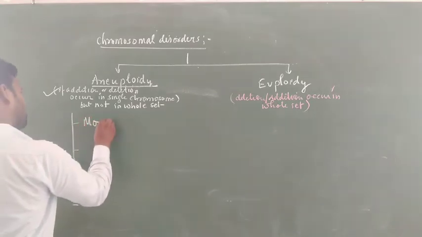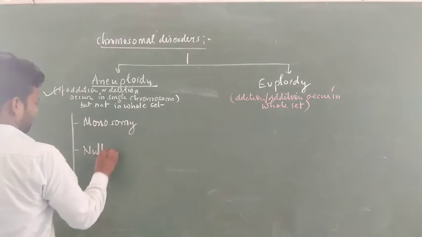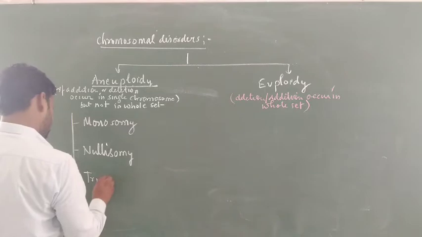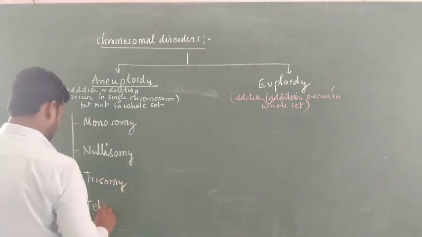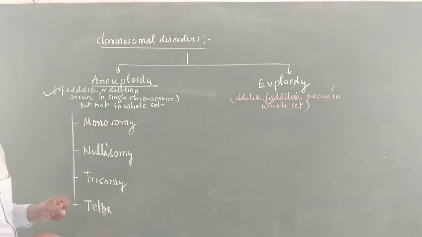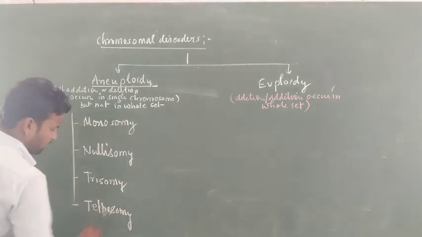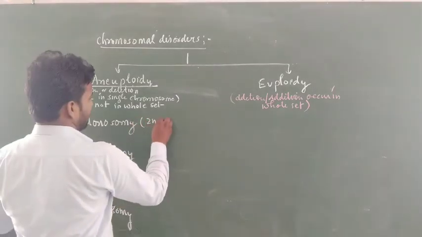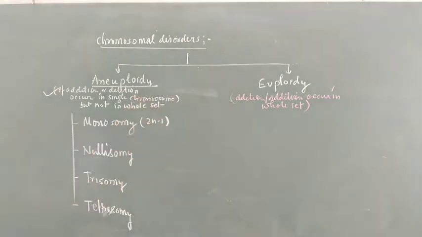Monosomy, second is nullisomy, trisomy, and tetrasomy, or you can say double trisomy. Here in monosomy, the condition observed is 2n minus 1. 2n minus 1 is considered under monosomy.